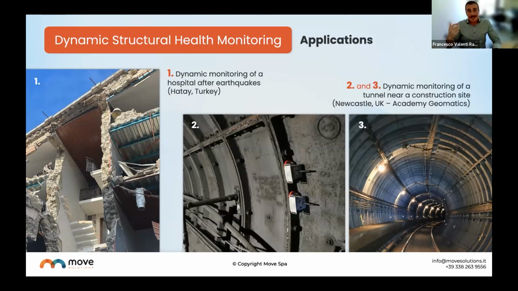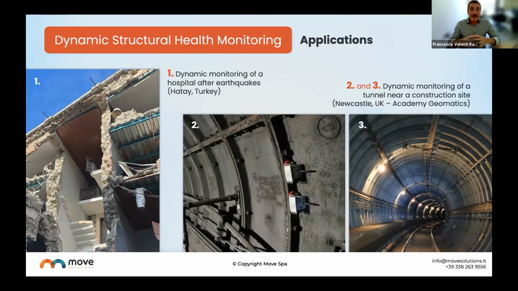This project is super helpful to understand another key aspect of our solution: static monitoring does not exclude dynamic monitoring. They can be carried out at the same time, and different sensors on the same web platform will give you different insights on your project.